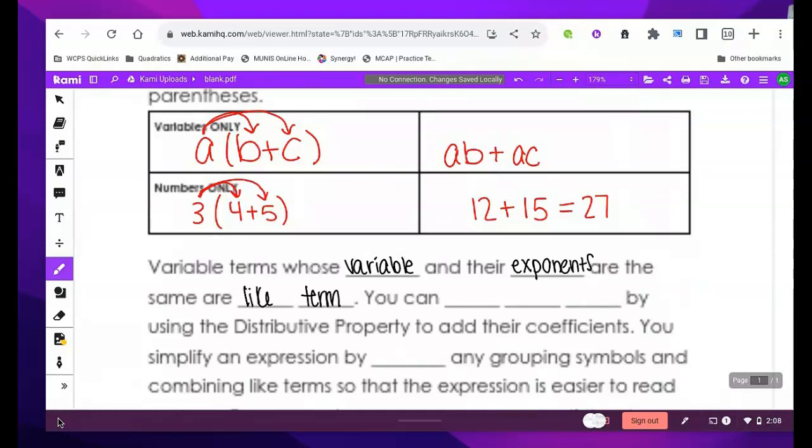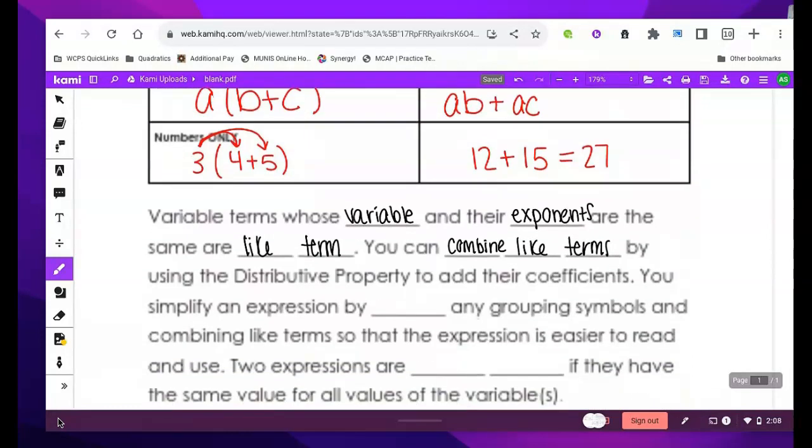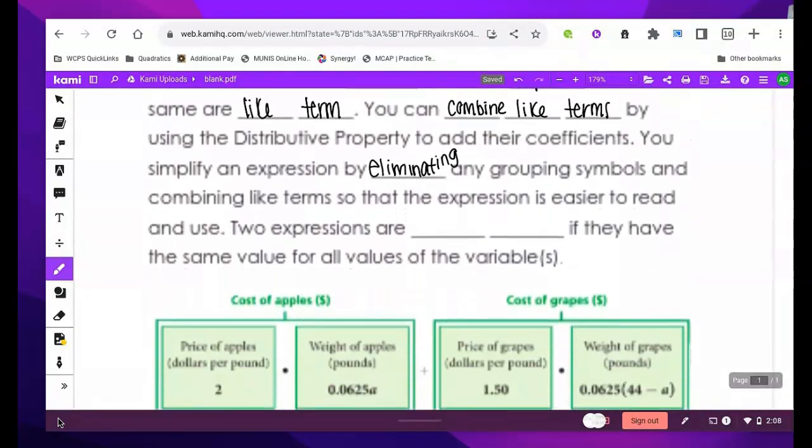You can combine like terms by using the distributive property to add their coefficients. You can simplify an expression by eliminating any grouping symbols and combining like terms so the expression is easier to read and use.